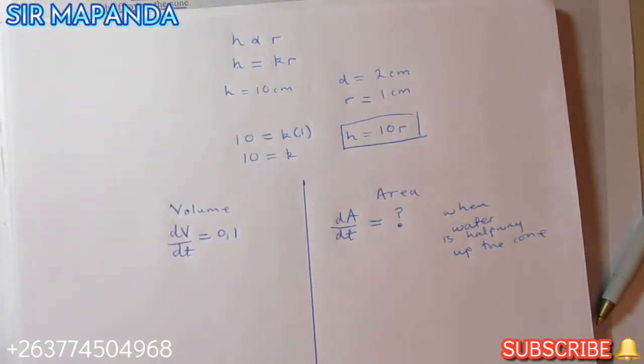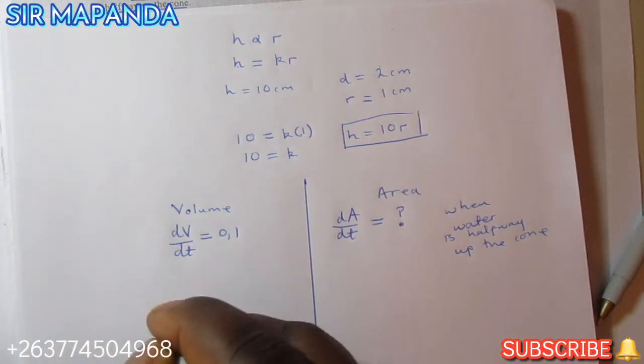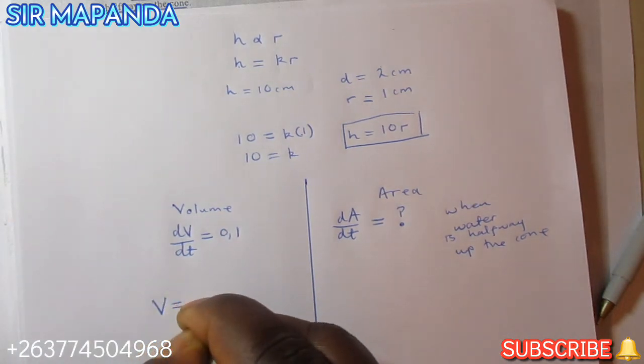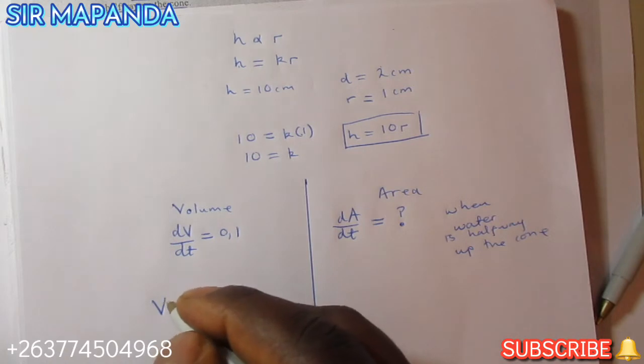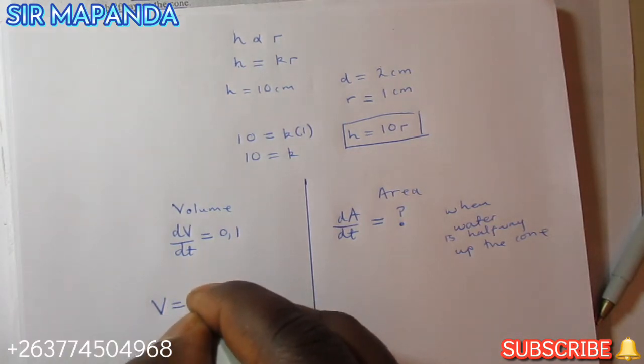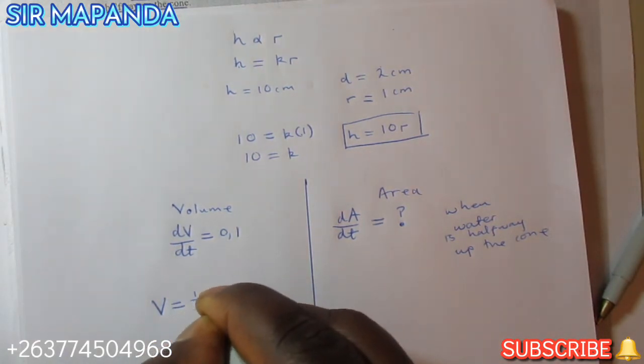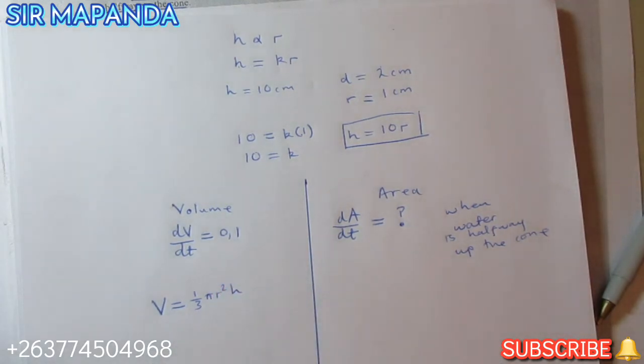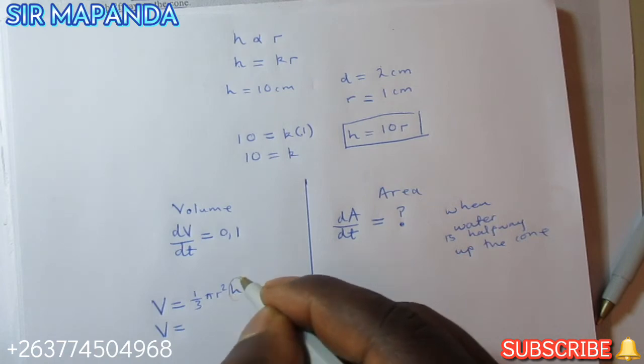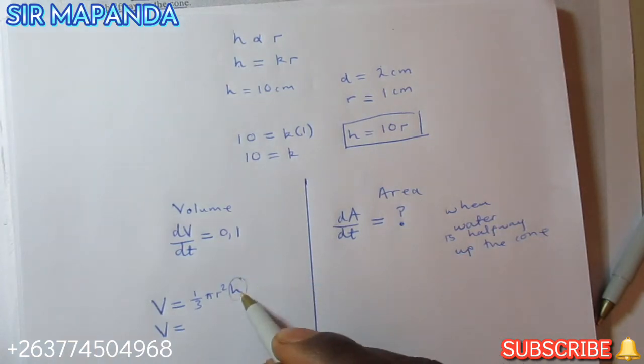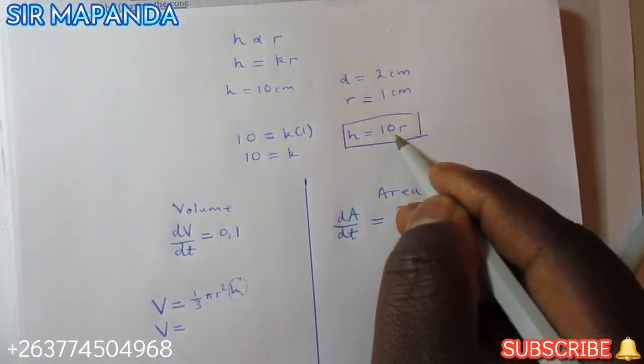So, what I want you to do now is we need to create another differential coefficient on the volume side. This is achieved by writing the formula for the volume of the cone, which is 1/3 pi r squared times height. After that, you need to remove this h and replace this h with the 10r.